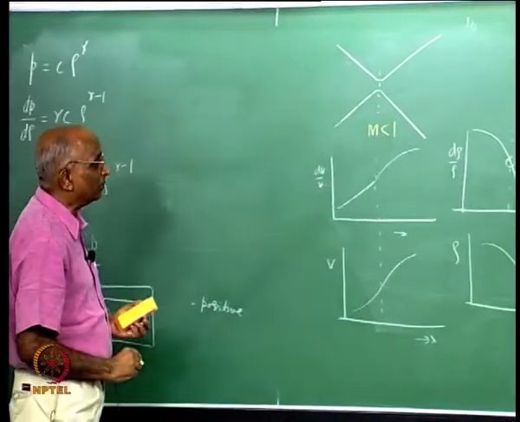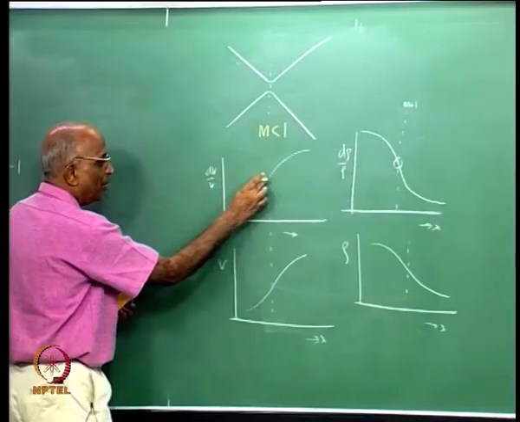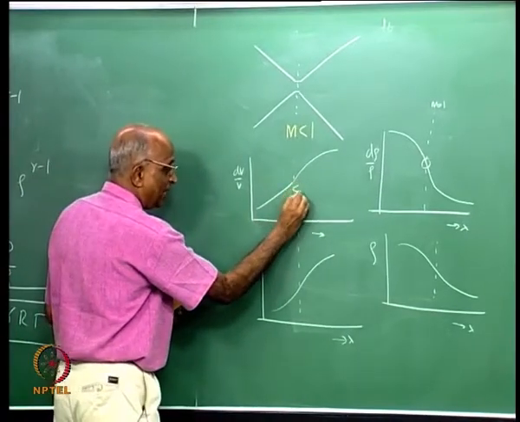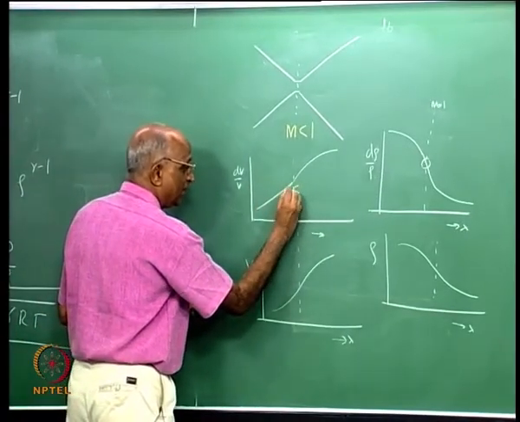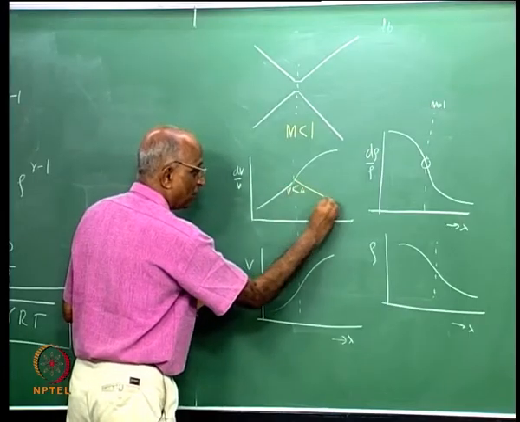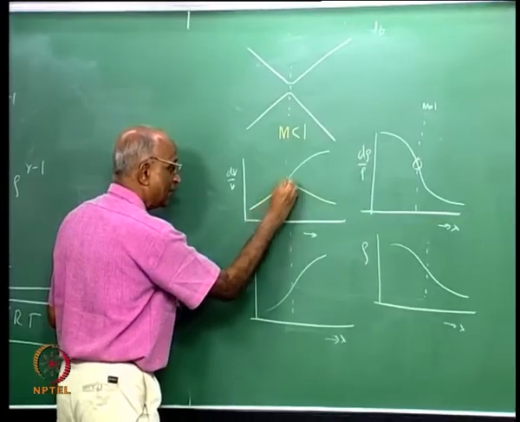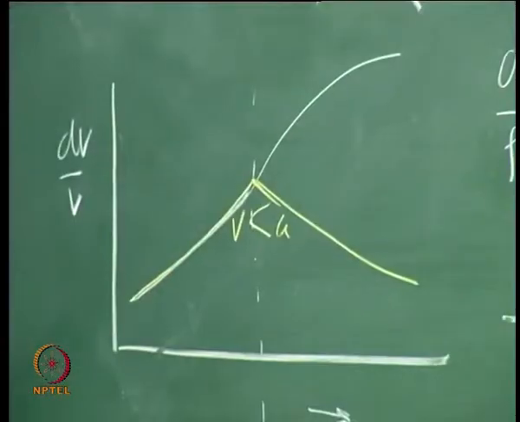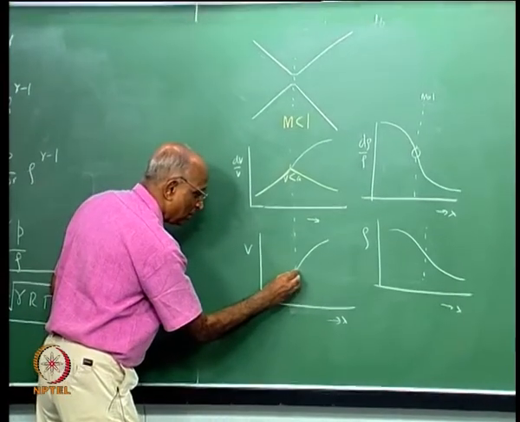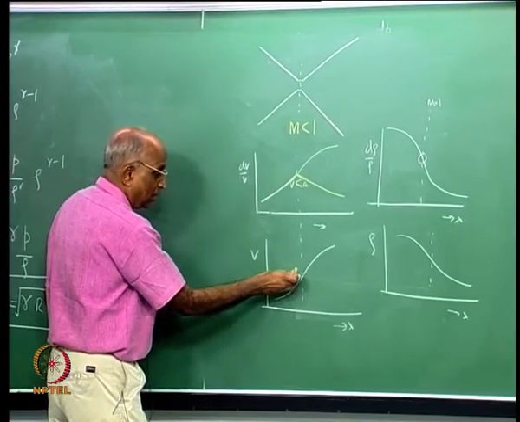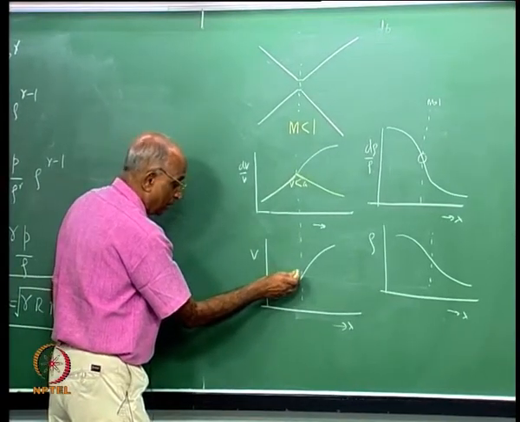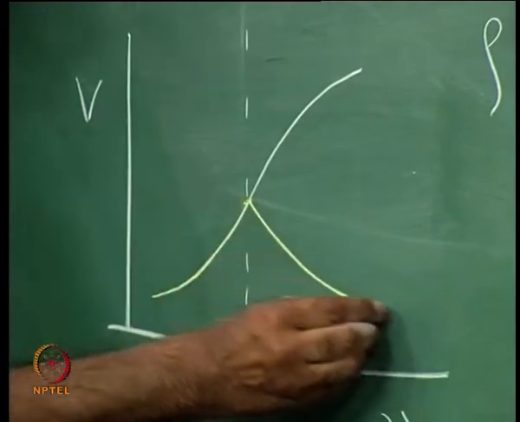What is going to happen? dV by v is going to increase over here, it is still less than the sound speed, that is v is less than a, and therefore it falls down here. That means my value is like this and comes down over here. Velocity increases up to the throat, but it is still less than the sound speed, and therefore it comes down over here.